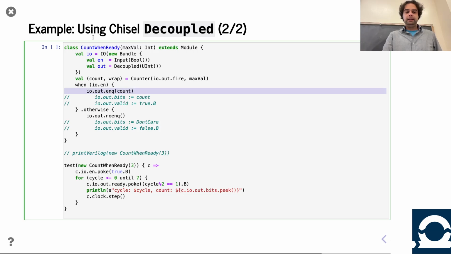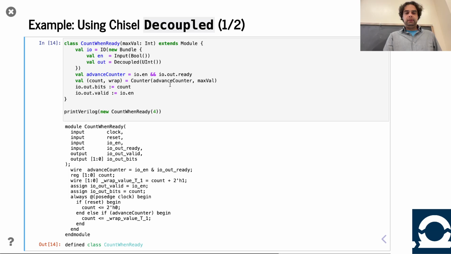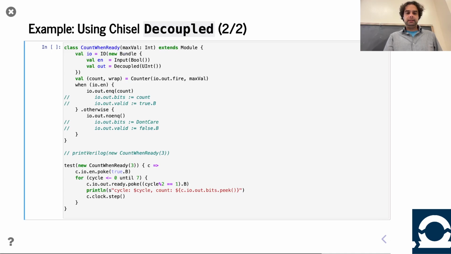If you go back a few slides, we had this all tucked in there, but here we are setting bits and valid. Alternatively, now we're going to use the enqueue feature and actually pass in the data, or use noenq to mark we're not taking anything.